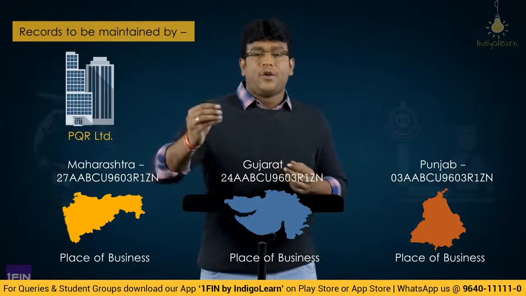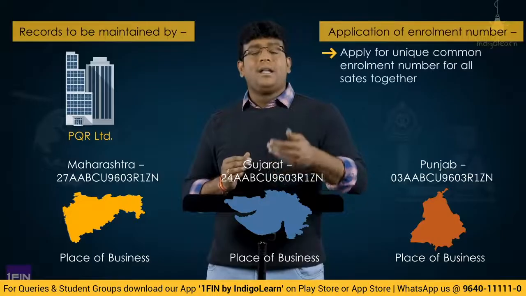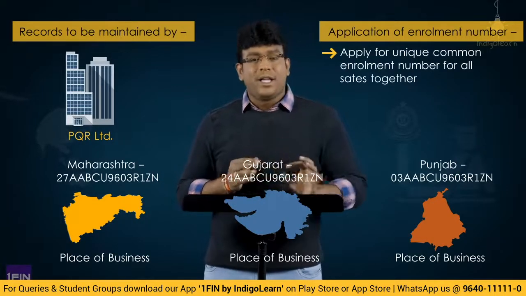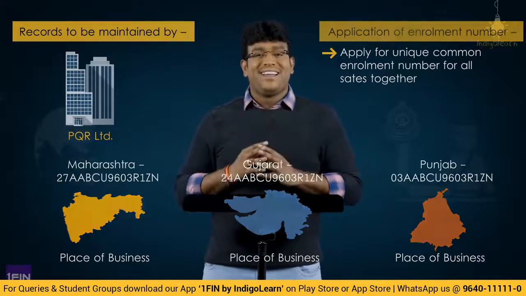Now what they can do is, at the time of applying for an enrollment number, they can apply for a unique common enrollment number for all the states together by quoting all the GST numbers of all the states together. Clear, guys?